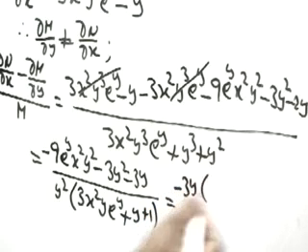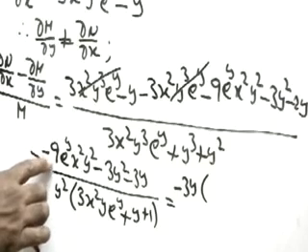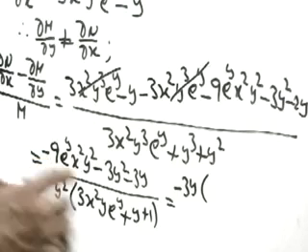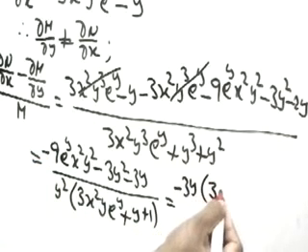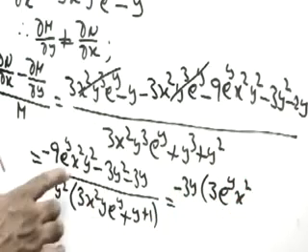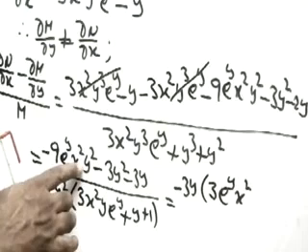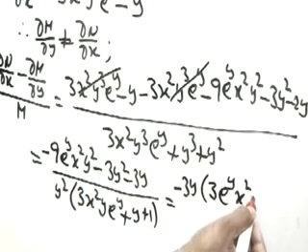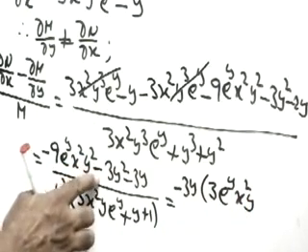In the numerator also, let me take minus 3y common. If we take minus 3y, what is left here? It is left with 3 e^y x². We have taken y also common, so 1 y will be left here.